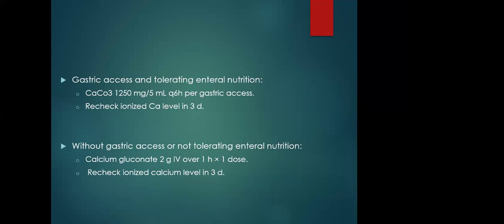You can opt to give calcium carbonate, and you can check ionized calcium levels in 3 days. But for a patient without gastric access or not tolerating enteral nutrition, you can give calcium gluconate 2 gram IV over 1 hour, you can give just one shot, and then you check ionized calcium.